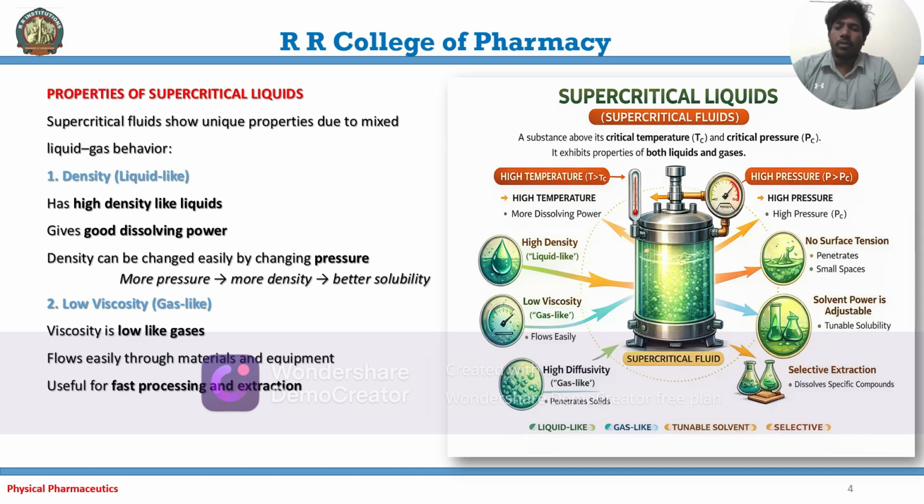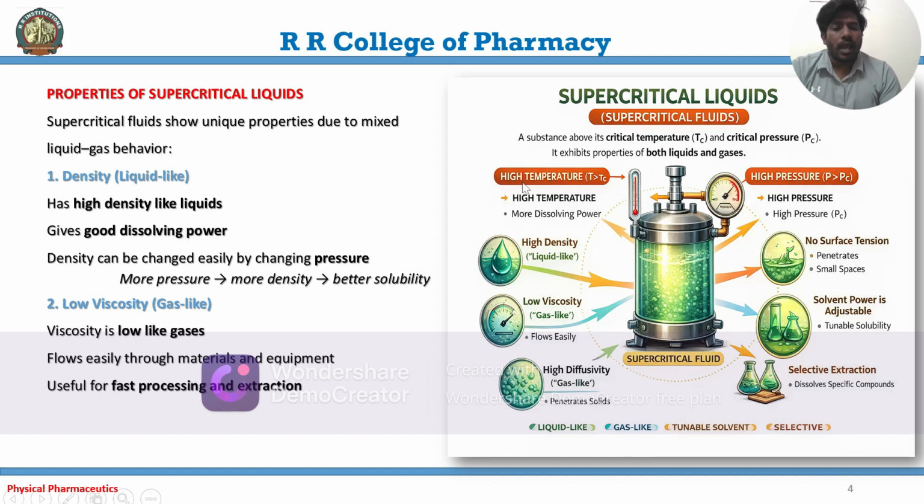Properties of the supercritical fluids. Supercritical fluids show unique properties due to mixed liquid and gaseous behavior. You can see the diagram here. Supercritical fluids are a substance above critical temperature and critical pressure.